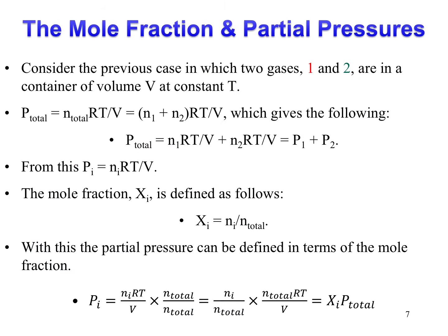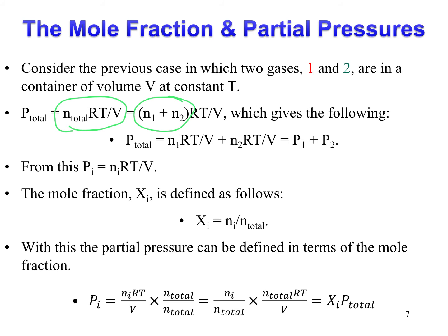Consider the previous case in which two gases are in the same container of constant volume and temperature. Thus, P total equals N total times R times temperature divided by volume, which comes from the ideal gas law. However, N total equals N1 plus N2, making the total pressure equal to the sum of N1 plus N2 times R times temperature divided by volume.